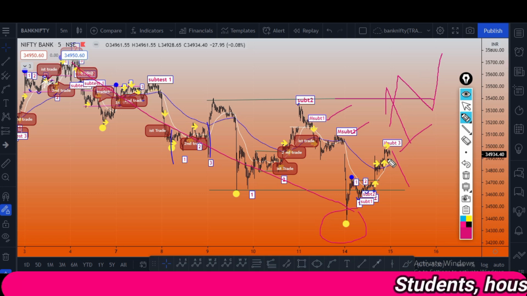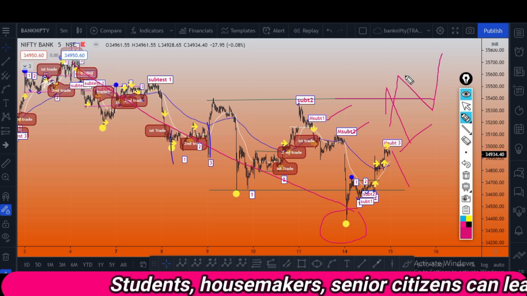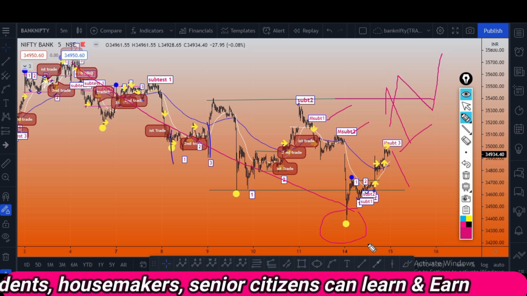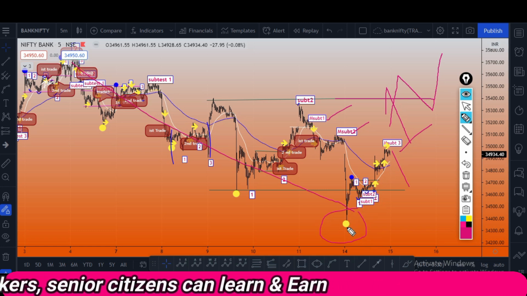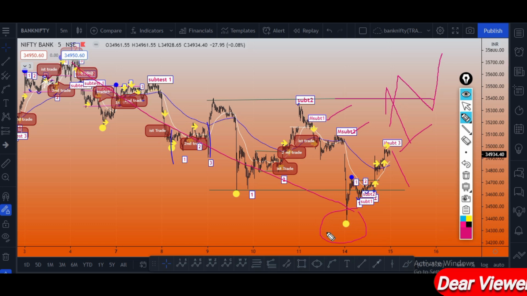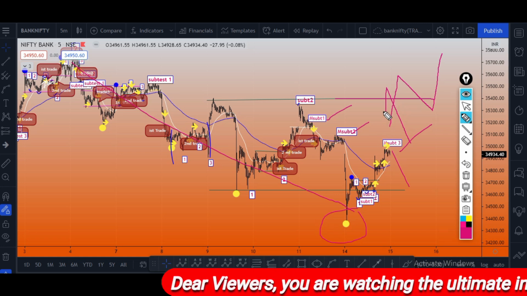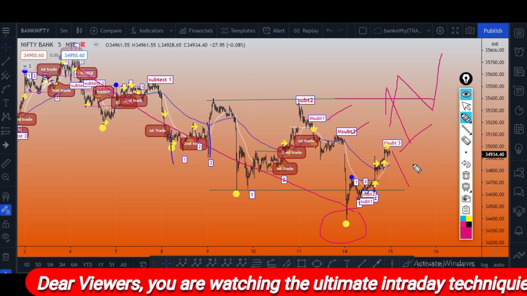Okay, so till the price doesn't come and make this sort of formation, you cannot say whether this point is the trend changing point or the reversal point. It might be possible that price comes here and moves down.